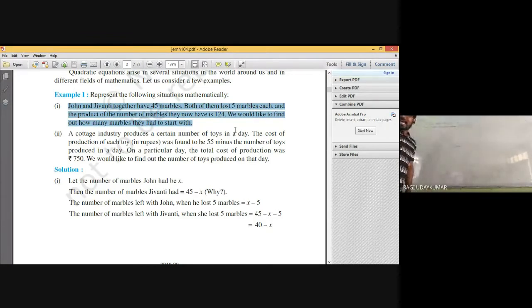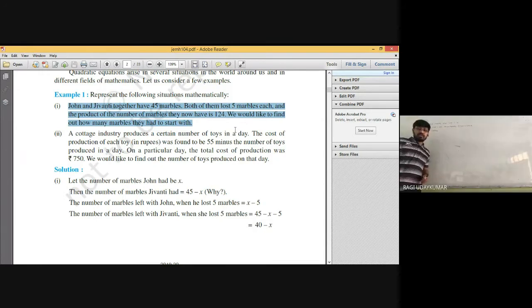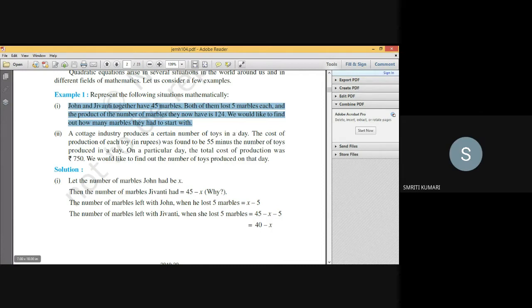So as they lost 5 marbles, the number of marbles they have after losing 5 marbles. The screen is blurred. Sir, the screen is blurred. I can't see.